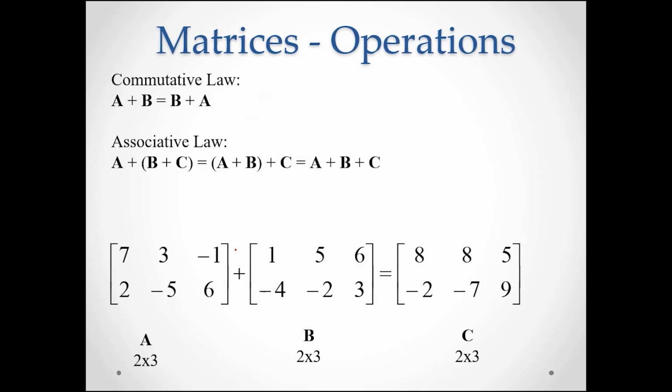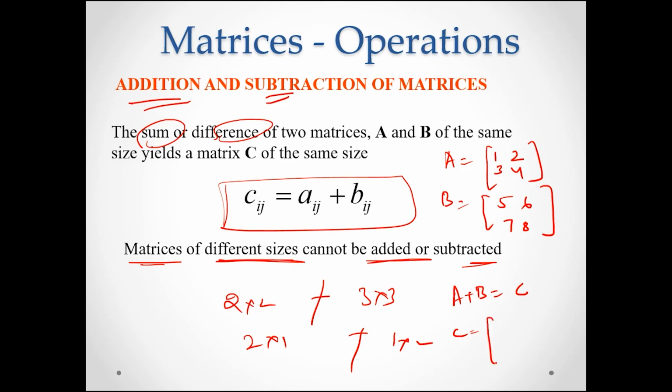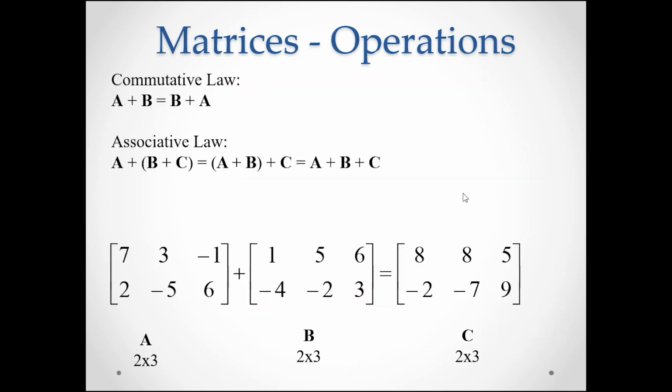Let me take an example. If A is 1, 2, 3, 4 and B equal to 5, 6, 7, 8, and A plus B equals C, then C will be 1 plus 5, that is 6, 2 plus 6, that is 8, 3 plus 7, that is 10, and 4 plus 8 equals 12. So we are adding the corresponding entries to each other, and this is possible only for matrices of the same dimension, not for different ones.